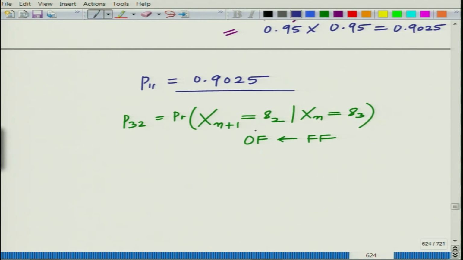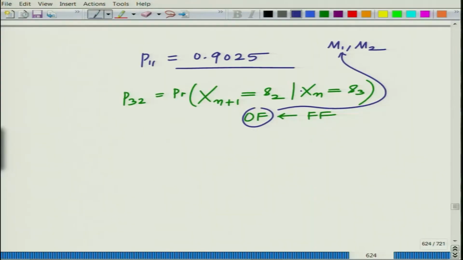Remember, you have two machines M1, M2. In this operational-faulty state, either M1 is operational and M2 is faulty, or M2 is operational and M1 is faulty. So OF encompasses both of them.